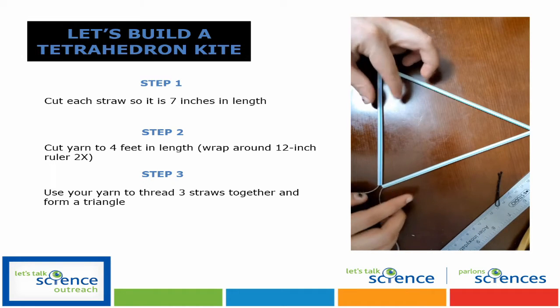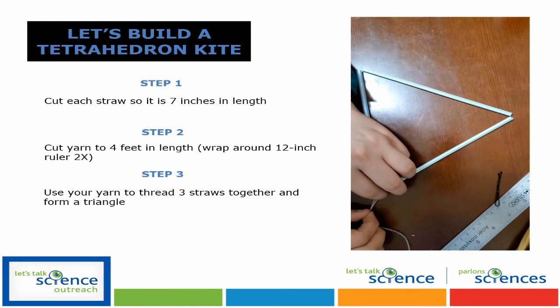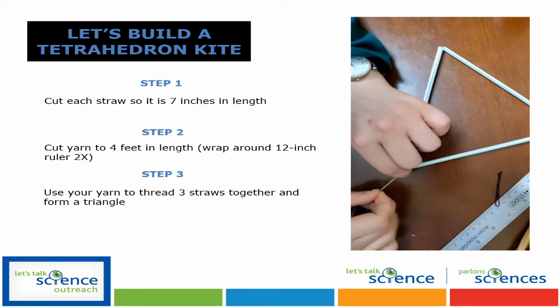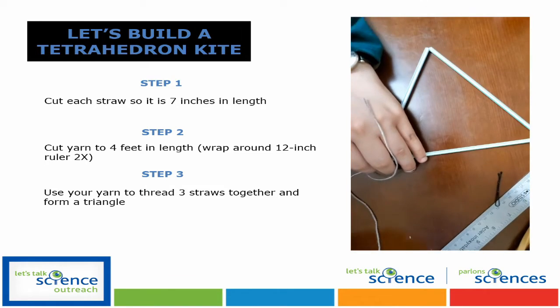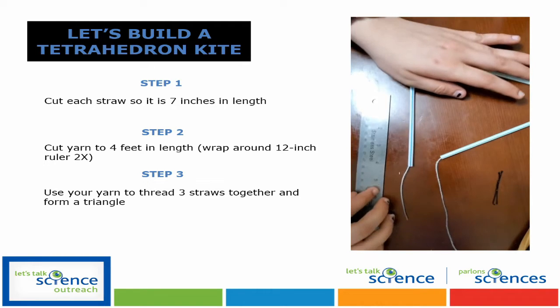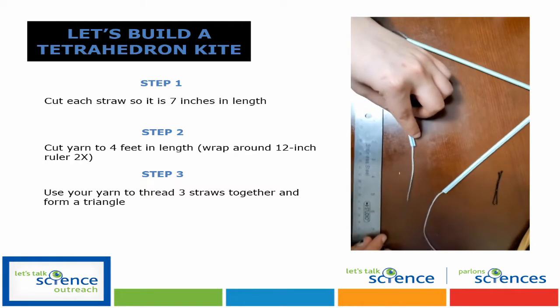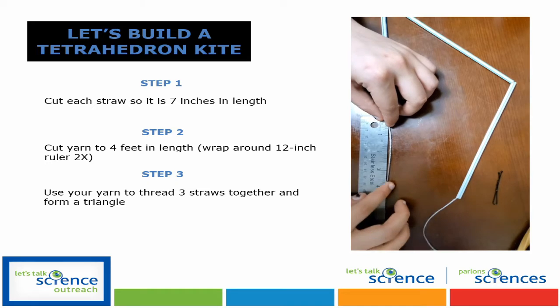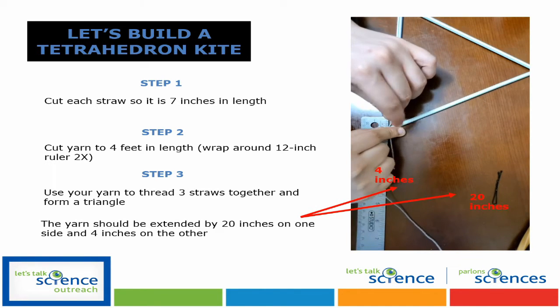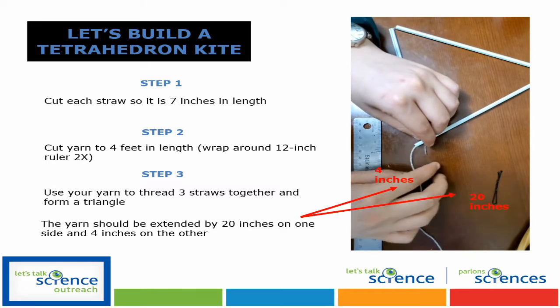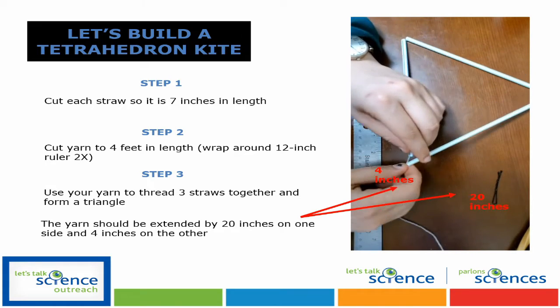So bend the straws into a triangular shape and then pinch the corner so that you can begin to tie a knot. Before you tie the knot, you're going to want to make sure that the extended piece of string is 4 inches on one side and 20 inches on the other.